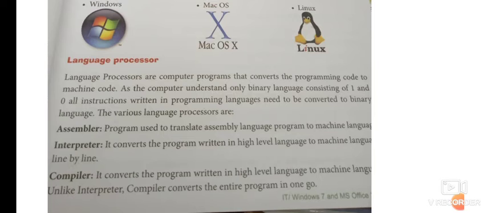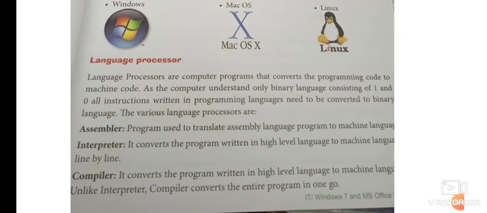First we understand what an assembler is. It is a program used to translate an assembly language program to machine language. Assembly language is a combination of some 0s and 1s and some alphabets, or we can say mnemonics and binary. These codes need to be converted into machine language, and the program that converts assembly language into machine language is called an assembler.